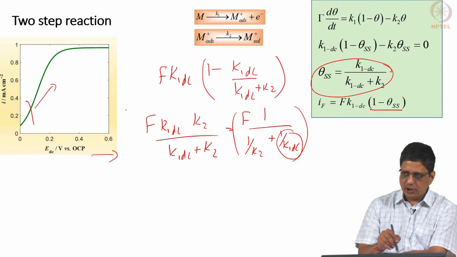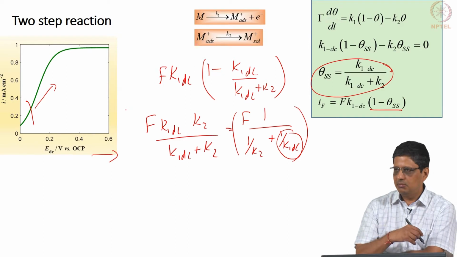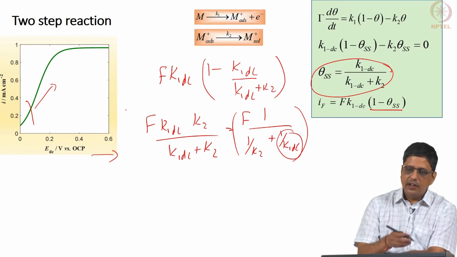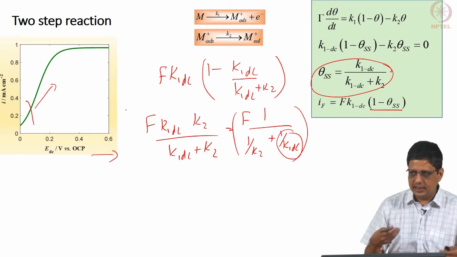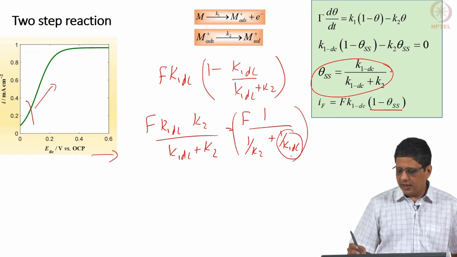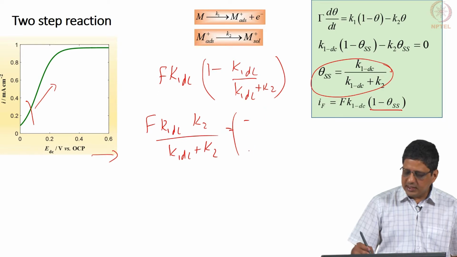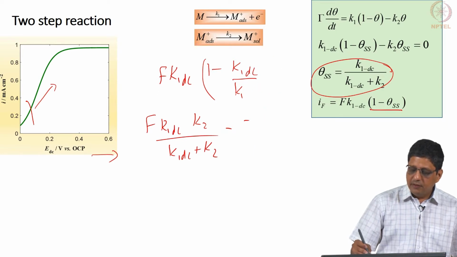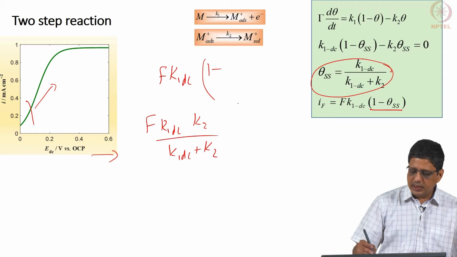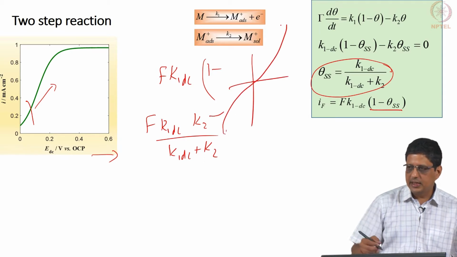When I go to large potential, current saturates. And if you have a simple reaction, which you have seen earlier, when it is kinetic limited and mass transfer is very rapid, we know that it is going to give an exponential curve. We have seen that before, it is going to go like this.